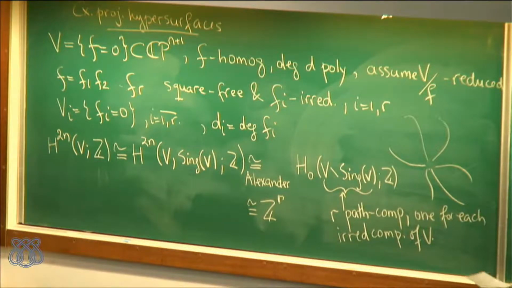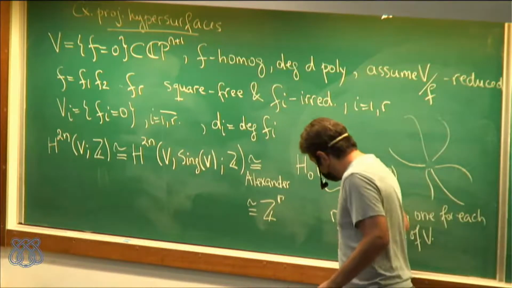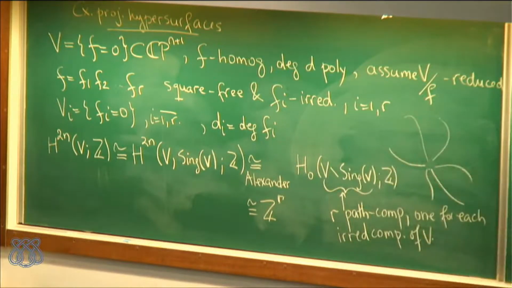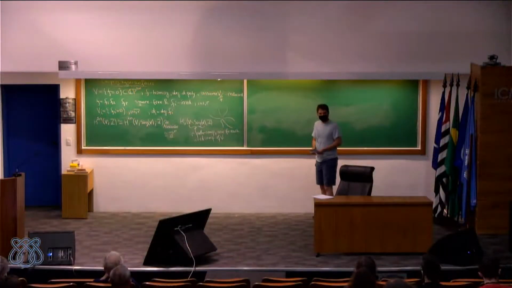And now let's try to make use of the embedding of the hypersurface in the projective space. So feel free to ask questions if something is not clear. And also feel free to stop me when my time is up.